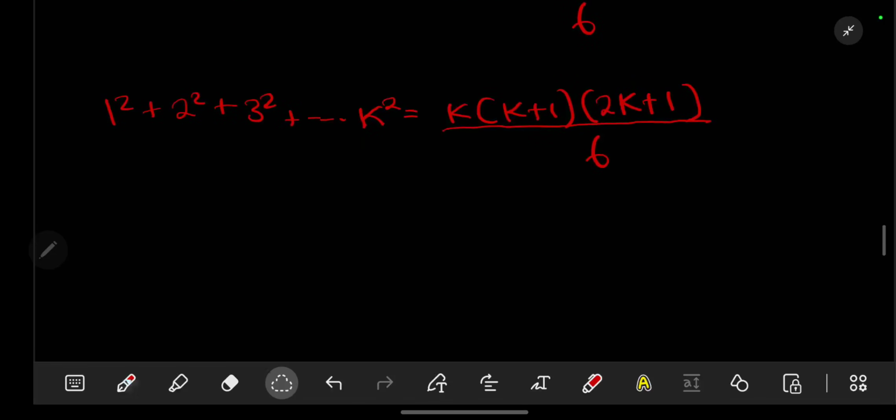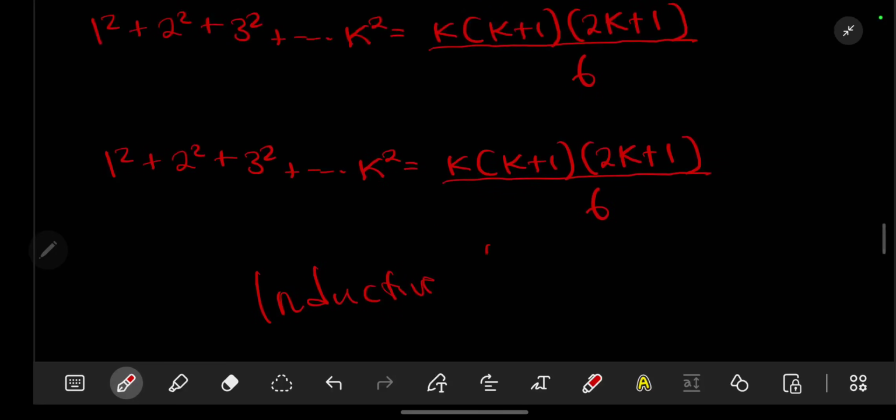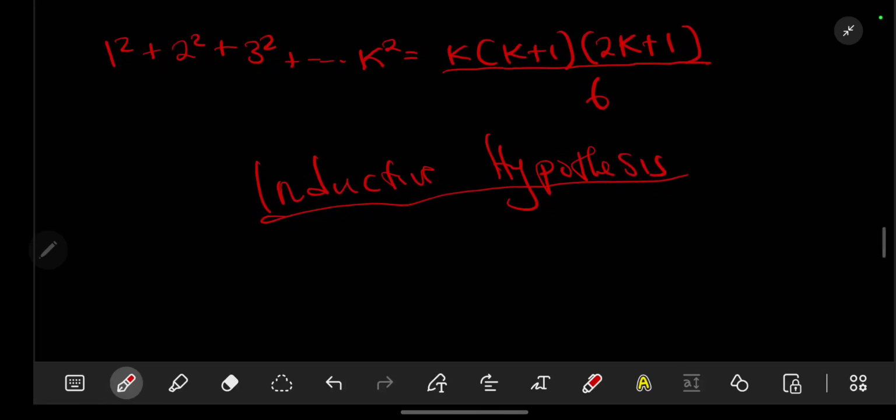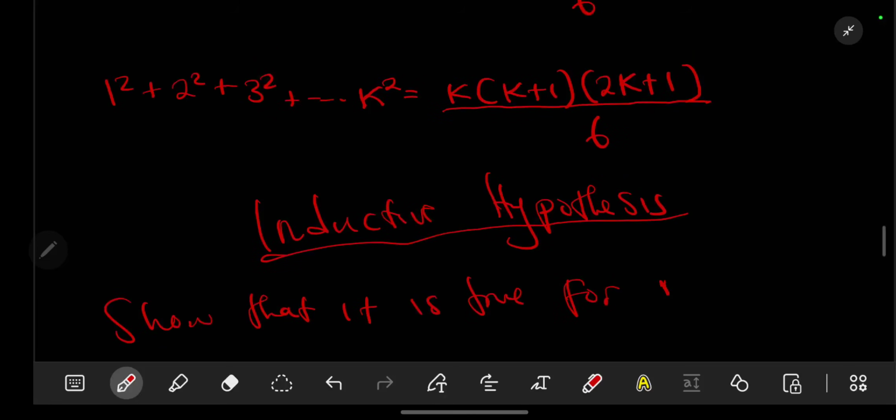So under the inductive hypothesis, you are going to say, show that it is true for n is equal to k plus 1.